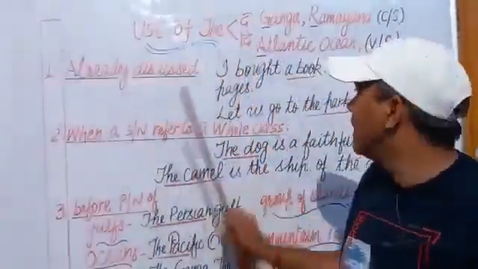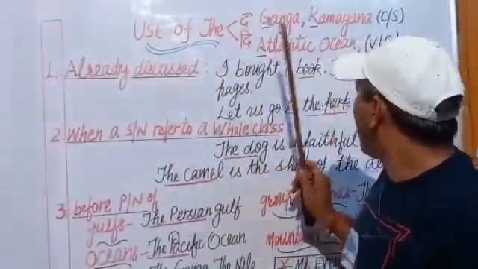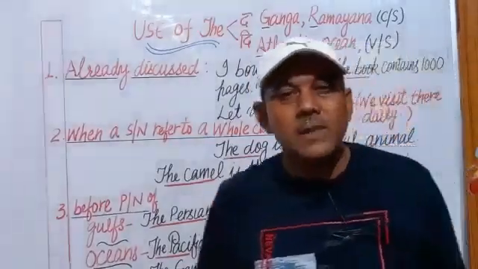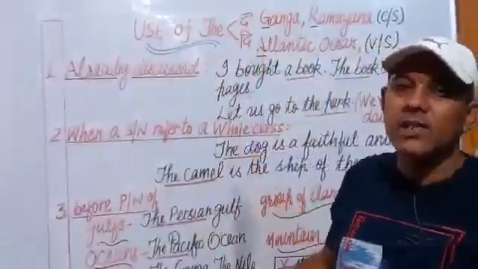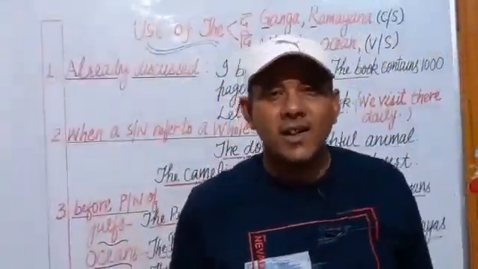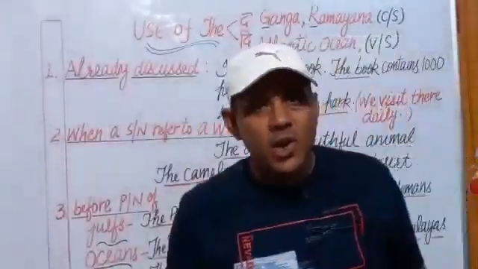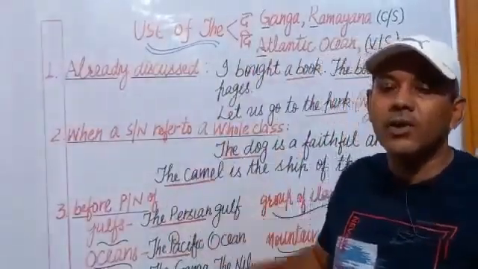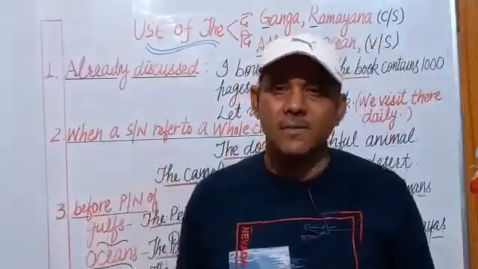For example, the Atlantic Ocean. If it begins with a vowel sound, it is pronounced as thee. If it begins with a consonant sound, then it is pronounced as thuh. Take a few examples, note down in your notebooks to make the correct pronunciation of the in different situations.